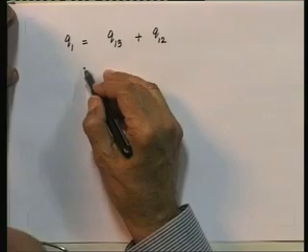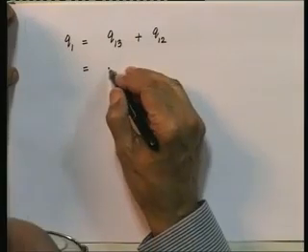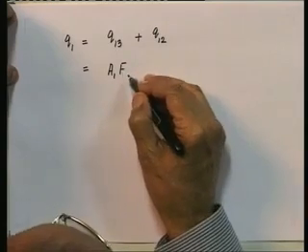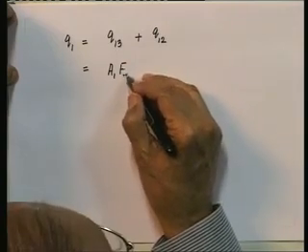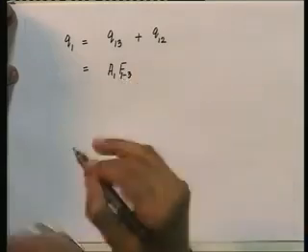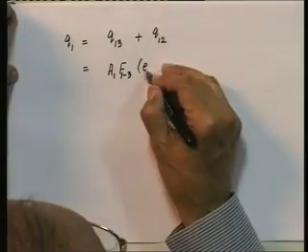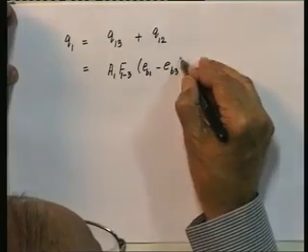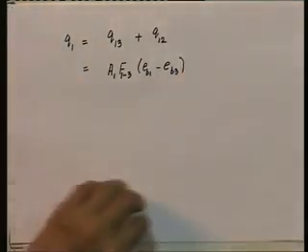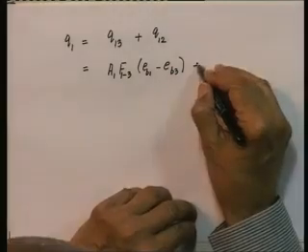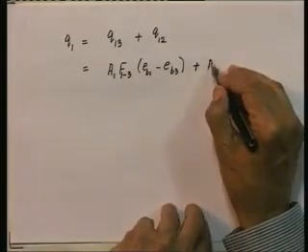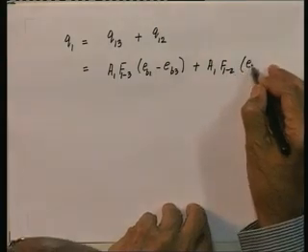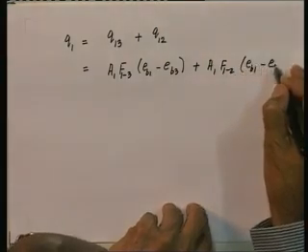And what is Q13? Q13 is nothing but A1 F13 (EB1 minus EB3). This is the expression which we have derived earlier. Plus Q12 is nothing but A1 F12 (EB1 minus EB2).